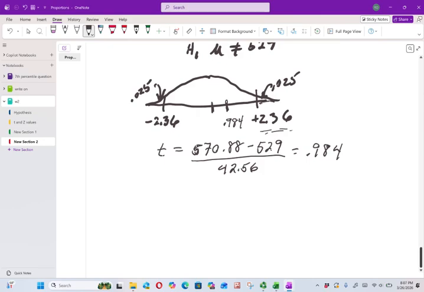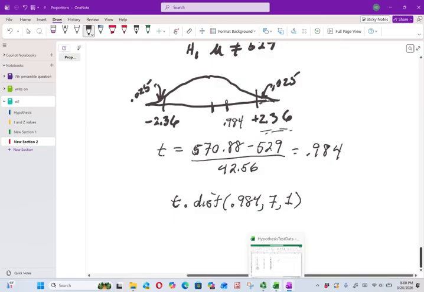Another way to look at it is to look at where 0.984 really is in the standard distribution. And this becomes T.DIST of 0.984 with 7 degrees of freedom, and we want it to be cumulative.